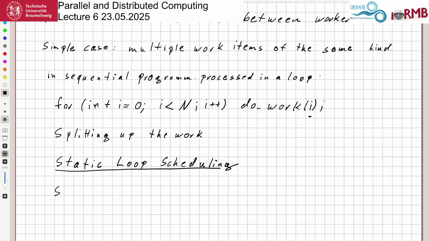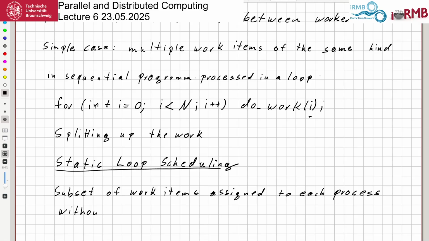It means that a subset of the work items is assigned to each process, and this makes it static, without considering the result of the work, or the expected result of the work.